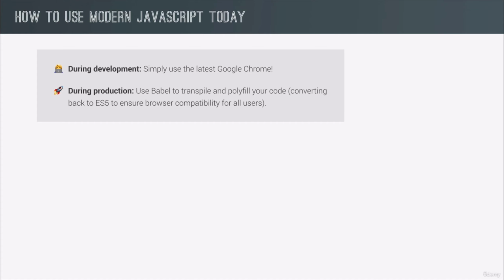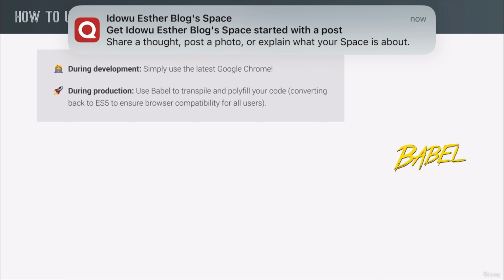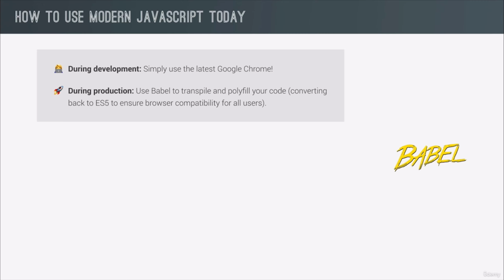Now, the solution to this problem is to basically convert these modern JavaScript versions back to ES5 using a process called transpiling and also polyfilling. We will use a tool called Babel later in the course to transpile our code, but for now, during the course, we won't need that. Again, because you're using the most up-to-date browser during development. Transpiling back to ES5 is only necessary after your app is developed and you want to ship it to your users.